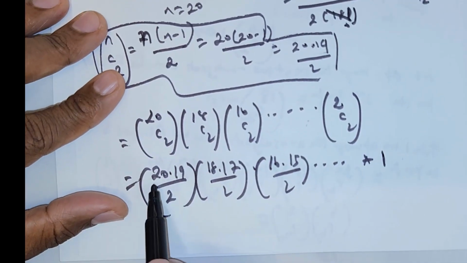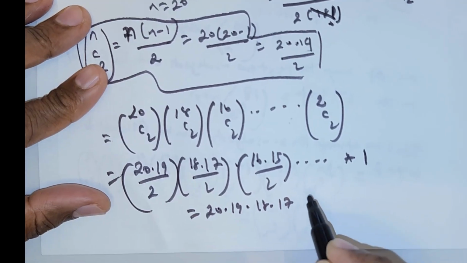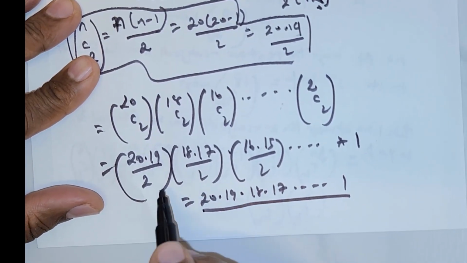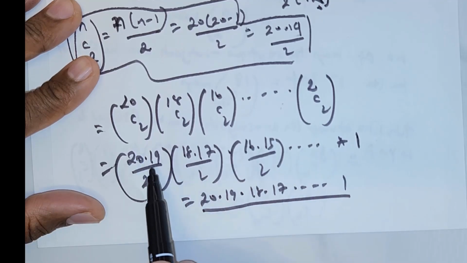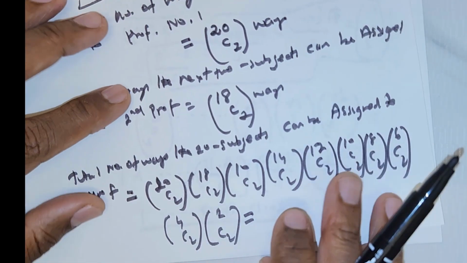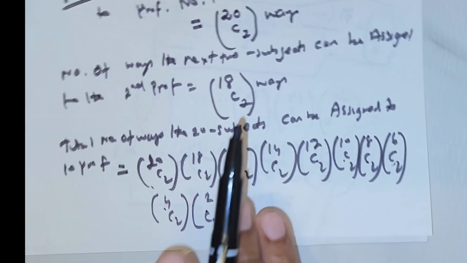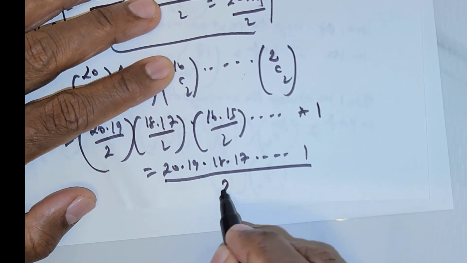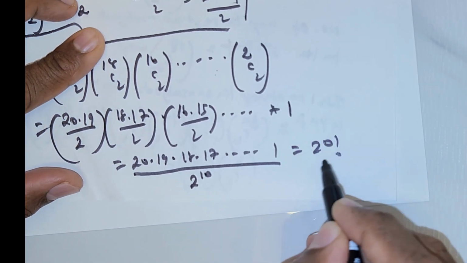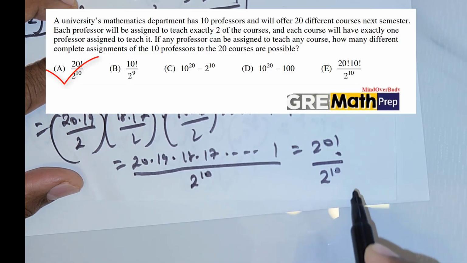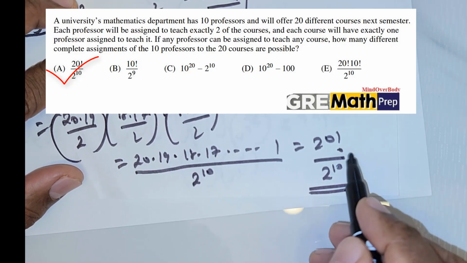So clearly in the numerator you have 20 times 19 times 18 times 17 all the way up to 1, divided by, now you have 10 such terms, watch here, 1 2 3 4 5 6 7 8 9 10 such terms. So you have 2 raised to the power of 10. What do you have in the numerator? This is nothing but 20 factorial. What do you have in the denominator? 2 raised to the power of 10. So this is the solution for the question.